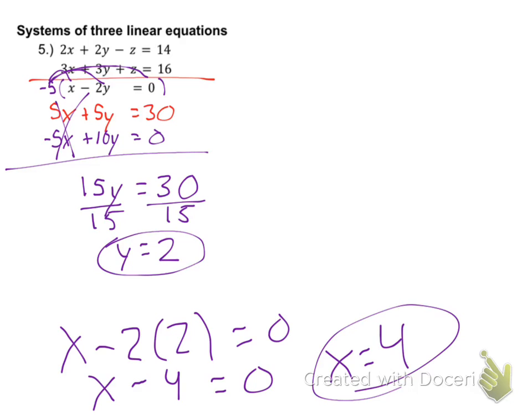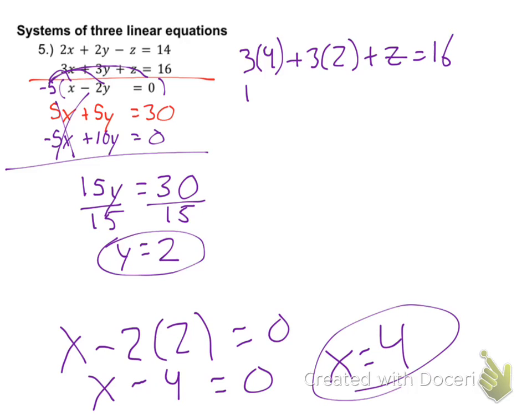Now that I have x and y, I'm going to place it in top or bottom. First or second equation? I think I'm going to go with the second one, because they're all positive. So that's the only reason. 3 times 4 plus 3 times 2 plus z equals 16.